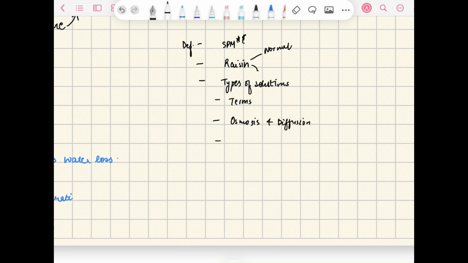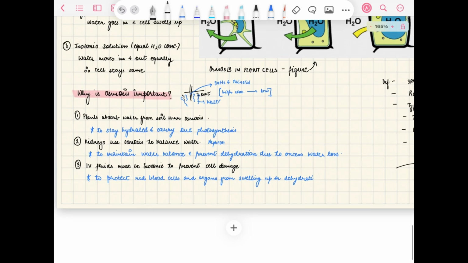And then some important examples for osmosis. Now to end this lecture here, I'll just say osmosis is all about balance. It moves the water where it is needed through a semi-permeable gate. It happens silently, but it keeps the plants alive, our cells healthy, and our bodies in perfect hands.